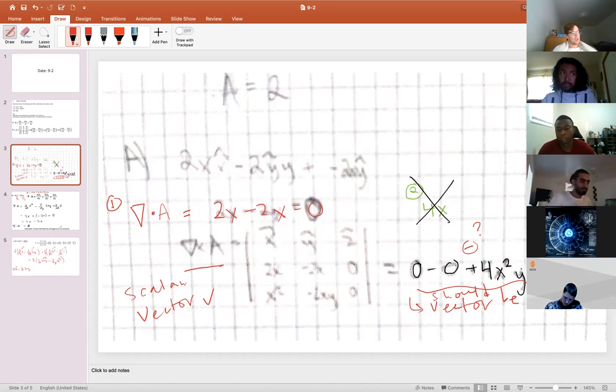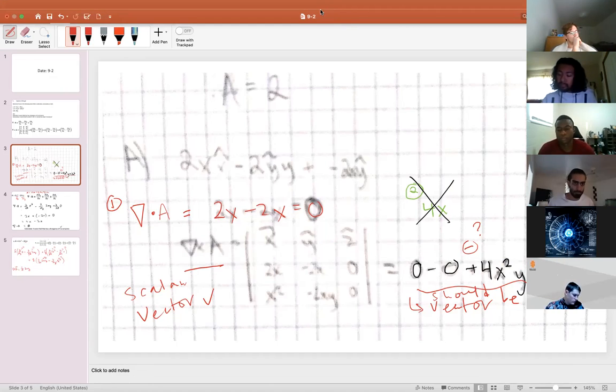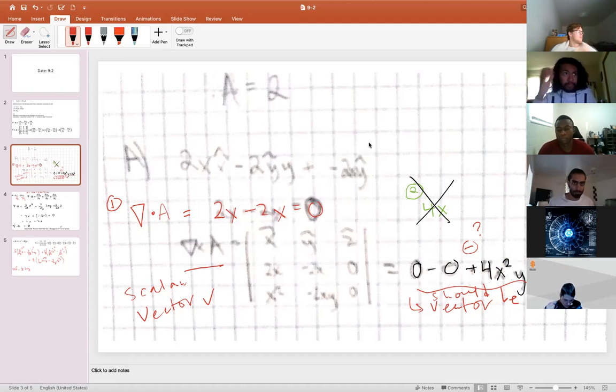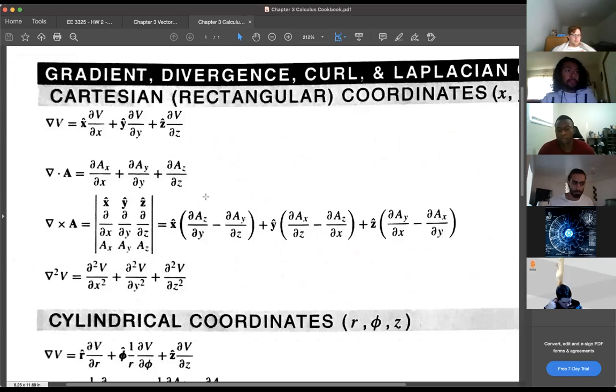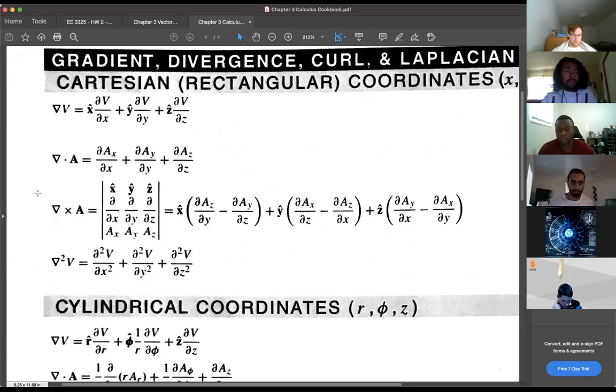A good way to do it is just take a look at the cookbook. Here, let me change the screen to that. Even though these are for the vector operations, we can see on the solution that there is a vector here, here, and here.